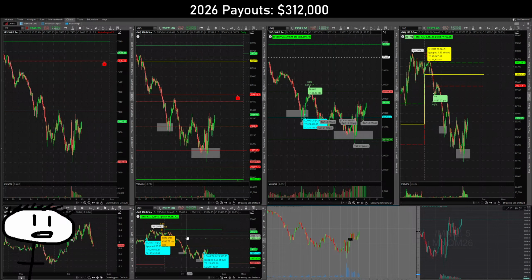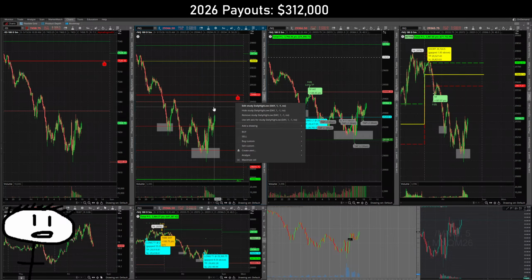It's currently up like 70 points. The TP is insanely far. And it still has to deal with the previous day low. Right, is this the previous day low? Yeah.